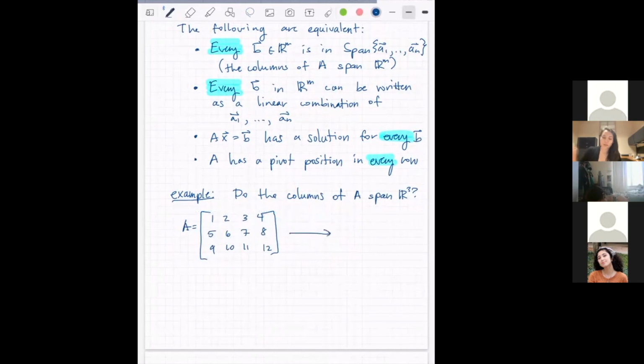Again, we're just row reducing. I'll start with replacing R2 with R2 minus 5 times R1.